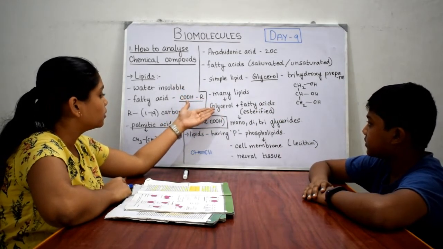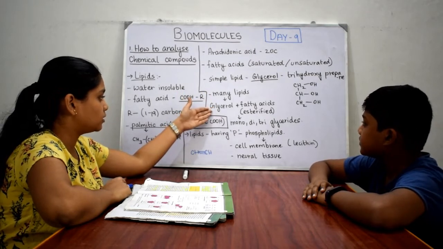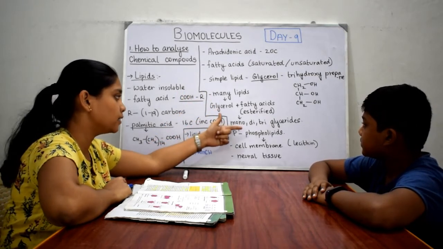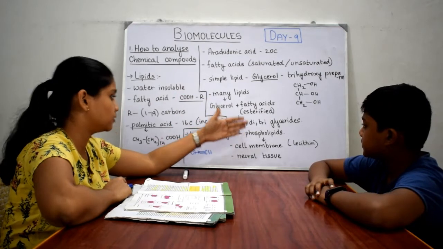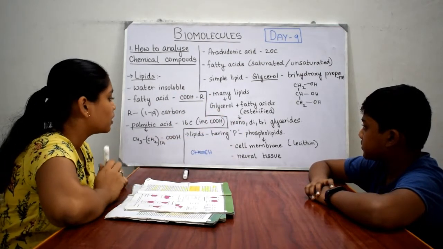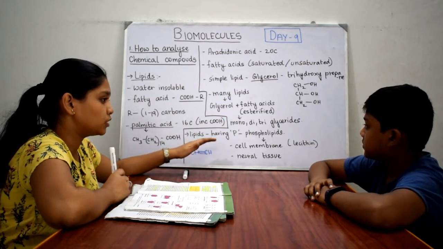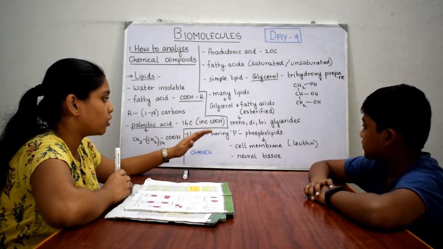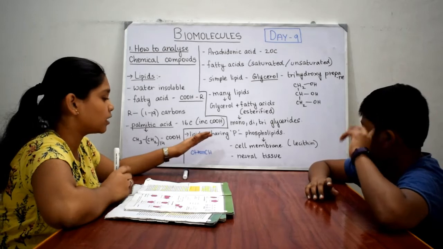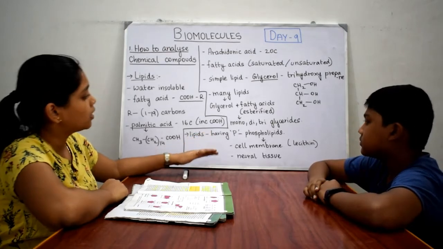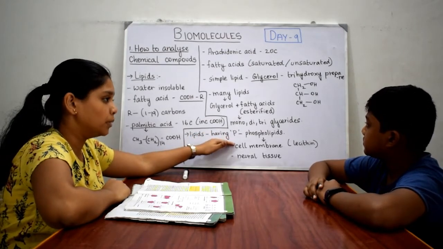Based upon the number of fatty acids attached, these are monoglycerides, diglycerides and triglycerides. These are grouped into these three. And when these lipids have phosphorus in them, they are known as phospholipids.